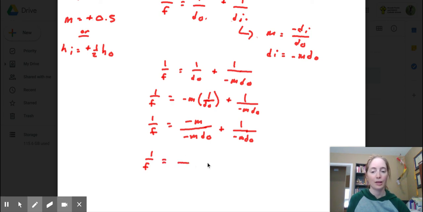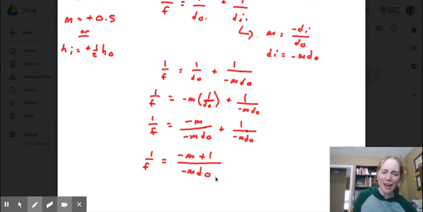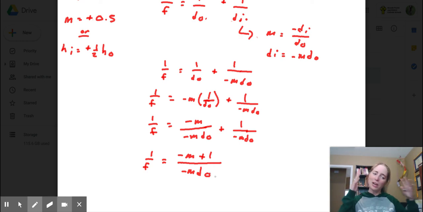So negative m d o, that bottom stays the same. And then I add the numerators. So negative m plus 1. Okay. So now I just need to look at this. I only have one DO now, which is what I'm trying to solve for.